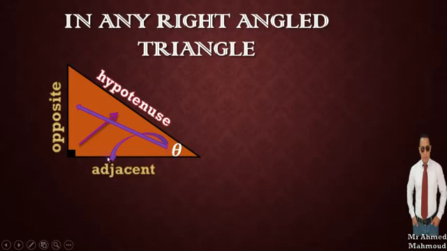According to theta, I divided the sides of the triangle into the hypotenuse, the adjacent, with theta lying between them, and the third side, which is opposite, is called the opposite to the angle. Now, if I change theta from this position to this position, what will happen to the sides?